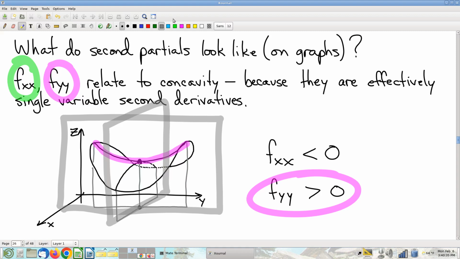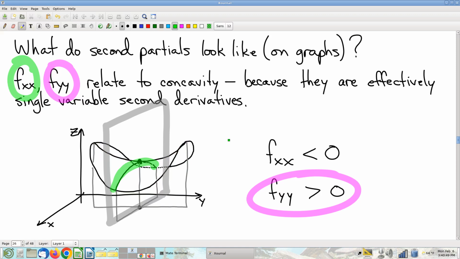And that cross-section will be some curve. And f_xx means we're literally going to take the second derivative of that, again, a single variable function. x is the only variable if y is held constant. And again, second derivatives of single variable functions, we already know the deal there. If, as in this drawing, it's concave down, that means that second partial is negative. Is everybody happy?